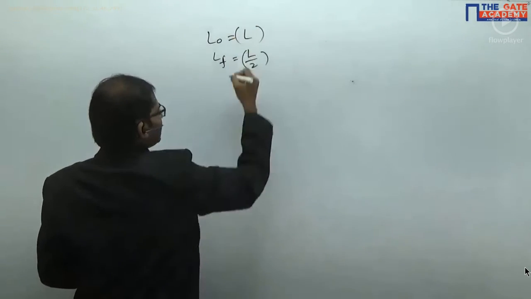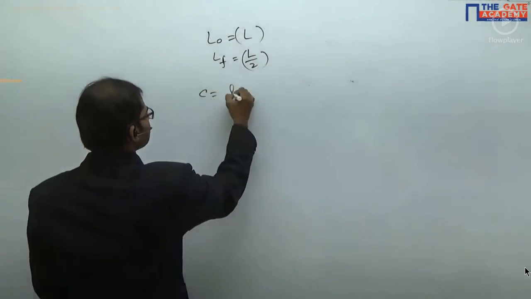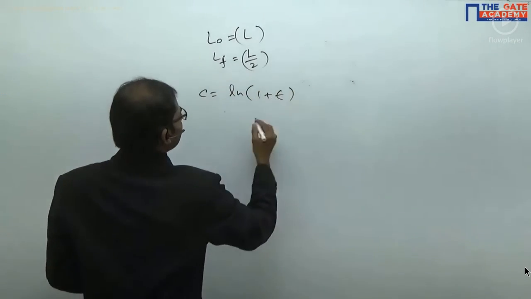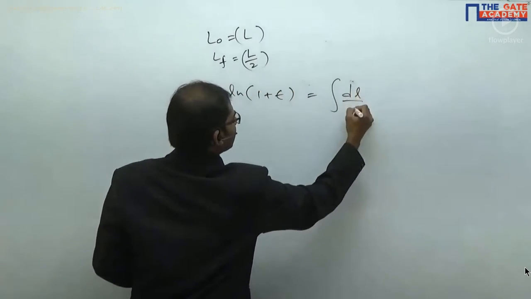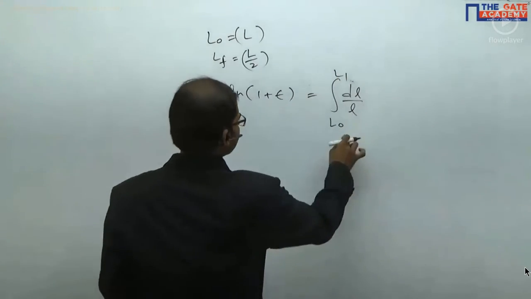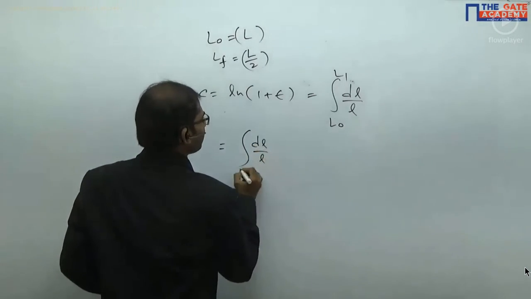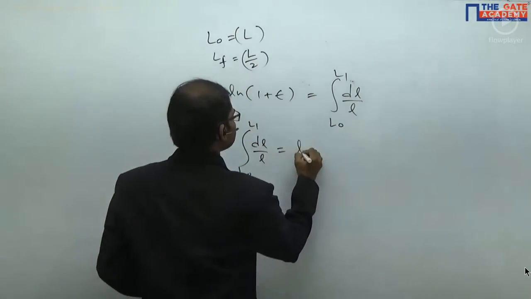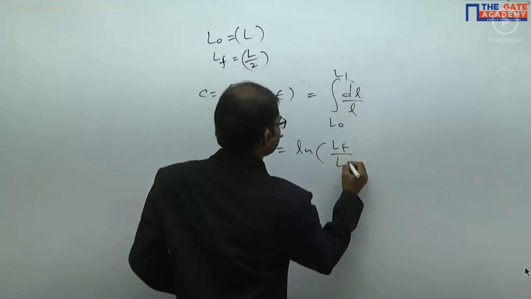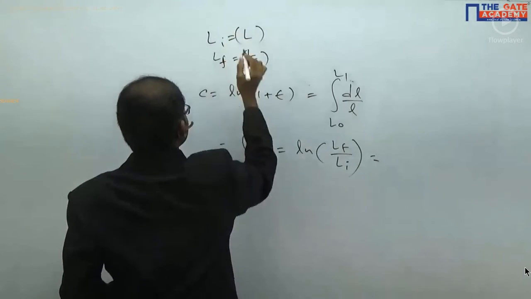We have to get the true strain, which is ln of 1 plus epsilon, or the integral of dl by L from L0 to L1. We go with this formula, which is very easy.